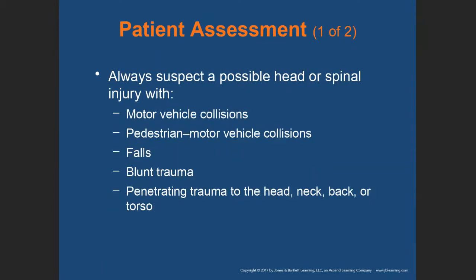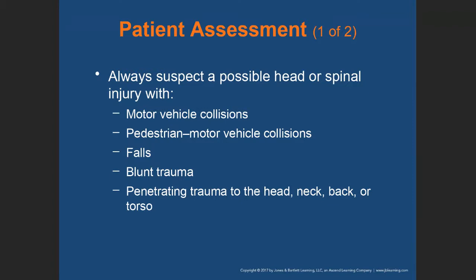Now let's look at the patient assessment. So always suspect a possible head or spinal injury. Don't suspect one without the other. So if you suspect spinal complication, suspect head injury. If you suspect head injury, suspect spinal complication. So suspect head or spine with motor vehicle collision. Pedestrian versus motor vehicle, motor vehicle always wins.